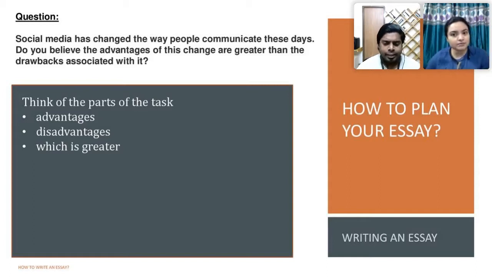At the same time, we think of the task. How many parts are there in the task? Three of them, ma'am. As we discussed earlier, there are three. Thank you. There are advantages, disadvantages, and which is greater. I am repeating this because these three parts of the task will help you to plan your essay. Let me show you how.